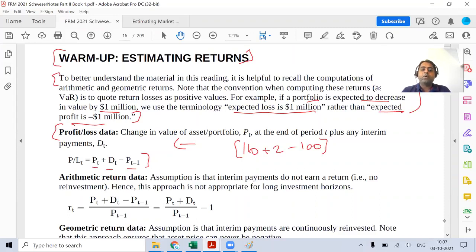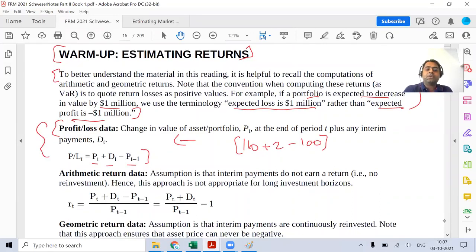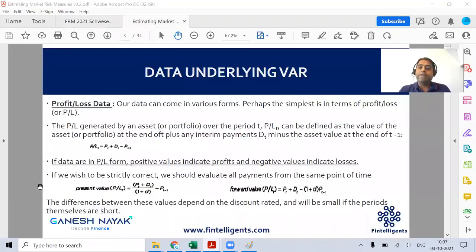Now, if you look at the GARP book, they have added one or two more points related to it, so I'll be taking you towards that section now. When we read the GARP book, they are primarily giving you the similar part, which is 110 plus 2 minus 100. But they have given this additional part.